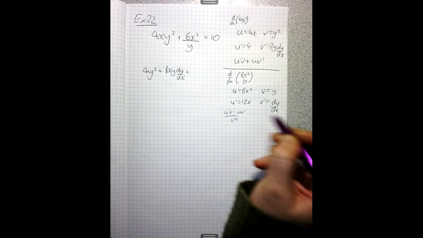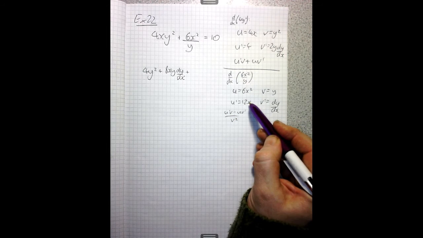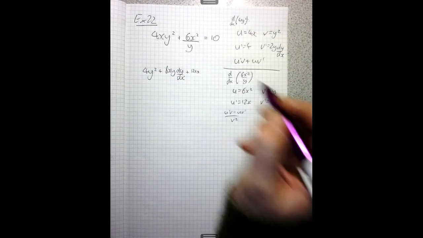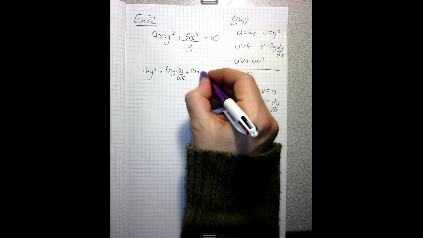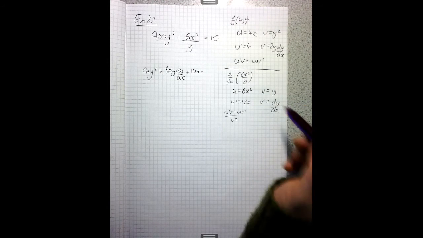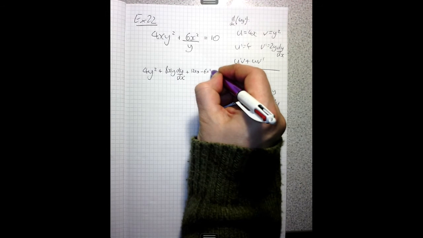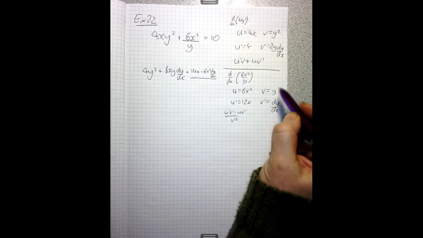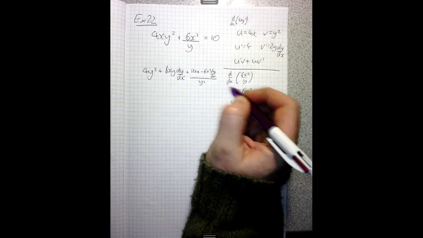So u dash v, 12xy, minus u v dash, 6x squared dy/dx, all over y squared. I've just fit that equals 0 on the end.